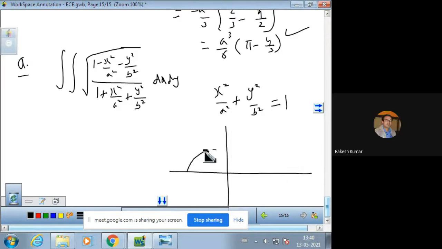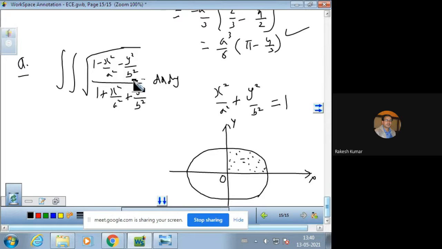An ellipse may always have a semi-major axis and a semi-minor axis. This is the major axis and this is the minor axis. You have to evaluate over the positive quadrant. This is the positive quadrant of the ellipse. So this is the origin point.